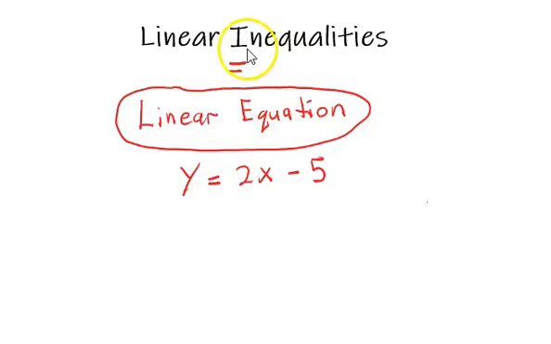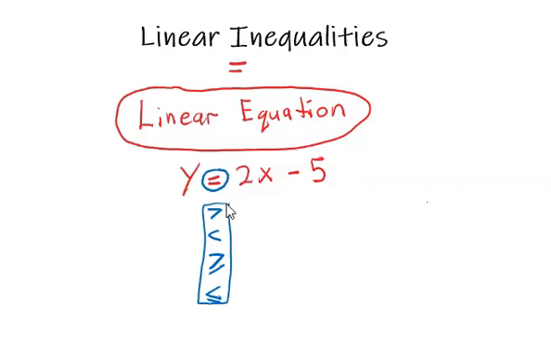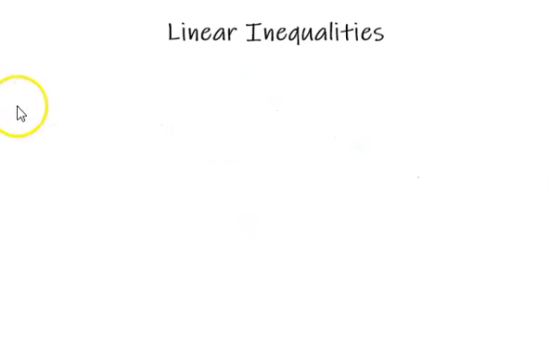But in linear inequalities, they will replace the equals sign with more than, less than, more than or equals to, or less than or equals to. Okay, so now I'm going to explain all these signs in the next slide. Here, number 1, I'm going to show you x more than 3.